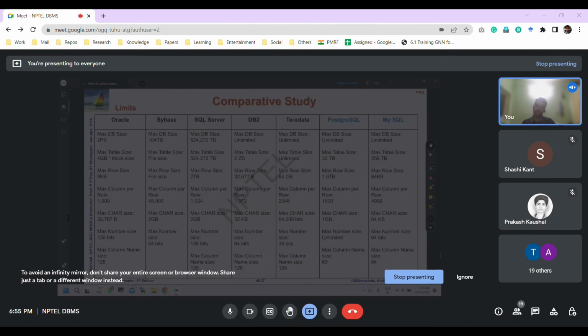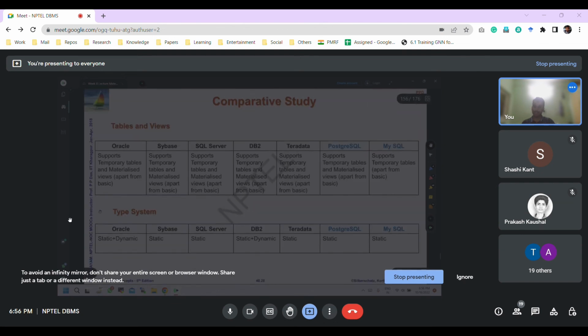Then you can see the limits. So every time you select a database for your use, you go through the specifications, and according to your need you can use it. Then these are comparative studies. Okay, so there are two things, static and dynamic. That is the simplest one.